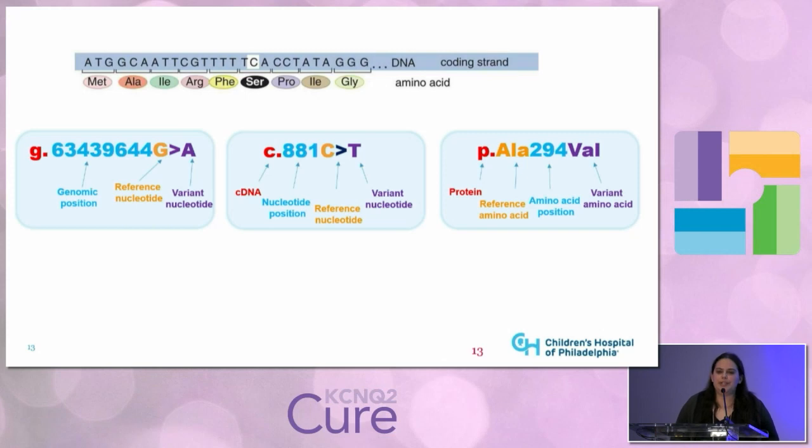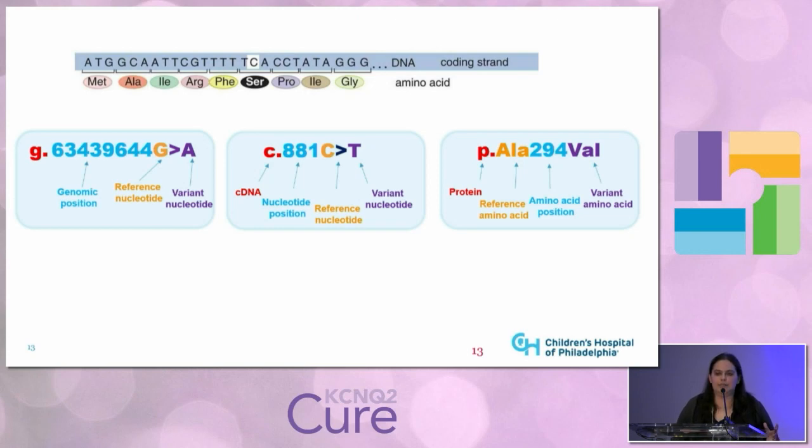And there's really 3 different ways that we name these changes. We have what's called the G dot, the C dot, and the P dot, and these are all different ways of naming the same change. So the G dot refers to the genomic position of a given variant, and the number refers to where that variant is occurring.